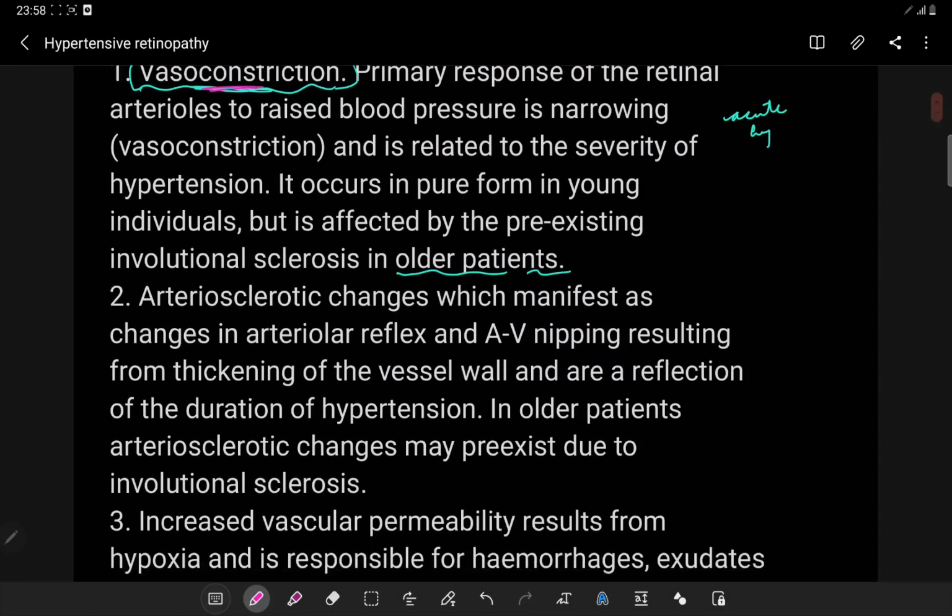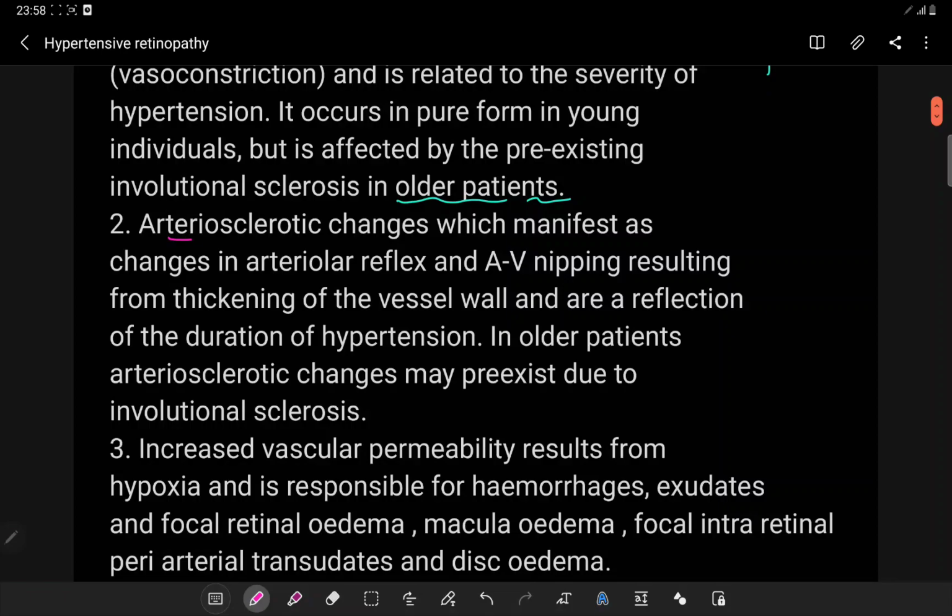Now the second important step is the arteriosclerotic changes, which manifest as changes in the arteriolar reflex. We'll see that normally we have a light and a bright reflex. There are changes which occur in the arteriolar reflex, and there is AV nipping, which is a very important hallmark of hypertensive retinopathy, resulting from the thickness of the vessel wall and are a reflection of the duration of the hypertension.